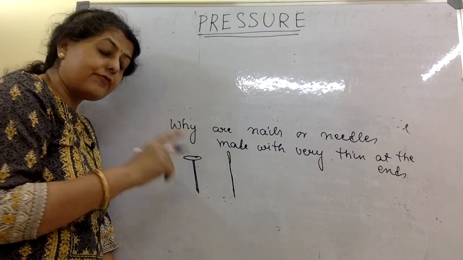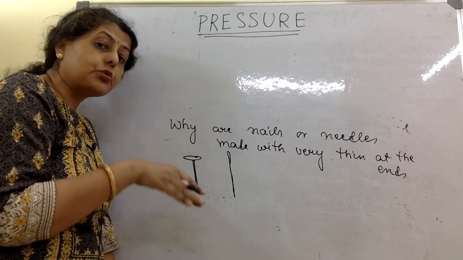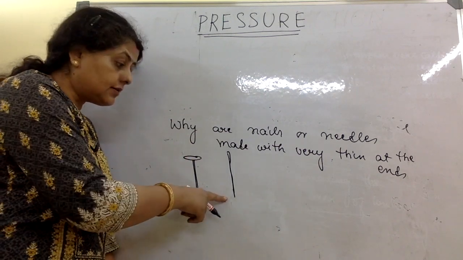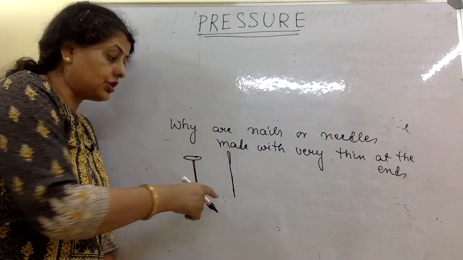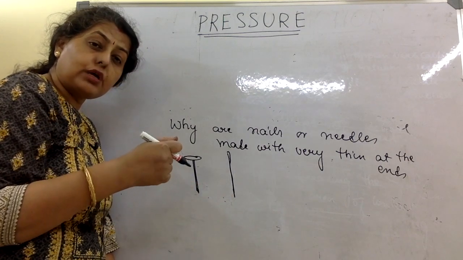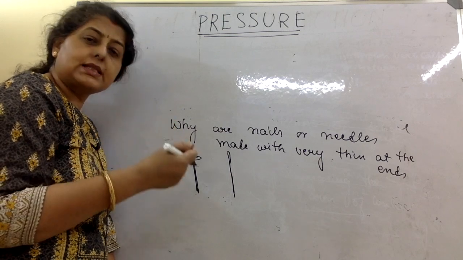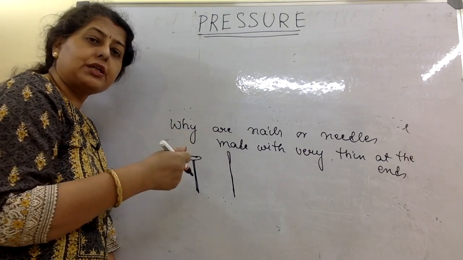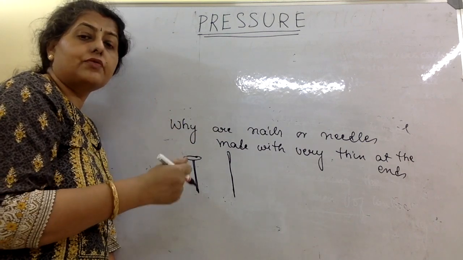For the same force, if it is pointed here, it will give more pressure on the wall and go inside the wall easily. Same thing for the force given by the person stitching: here it will go into the cloth easily. If you have ever tried even a blunt safety pin and put it inside a cloth, it needs a lot of force to do that.